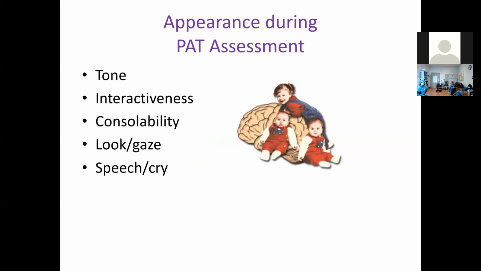We're looking at tone. Is there any decreased or floppy tone? Is there any decreased interactiveness with the outside environment? We talked a little bit about consolability, right? Whenever the child is inconsolable, that should be concerning enough.